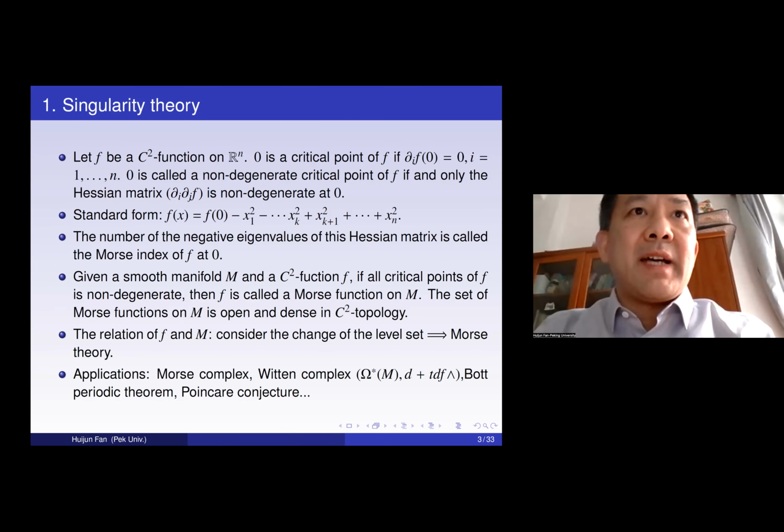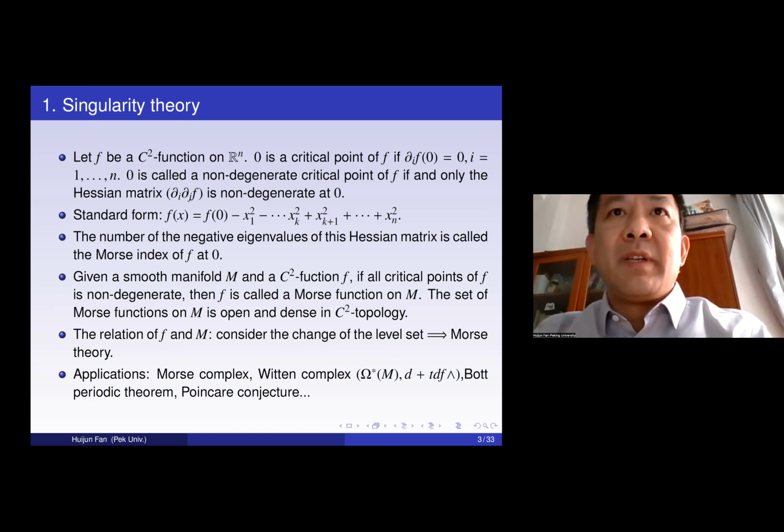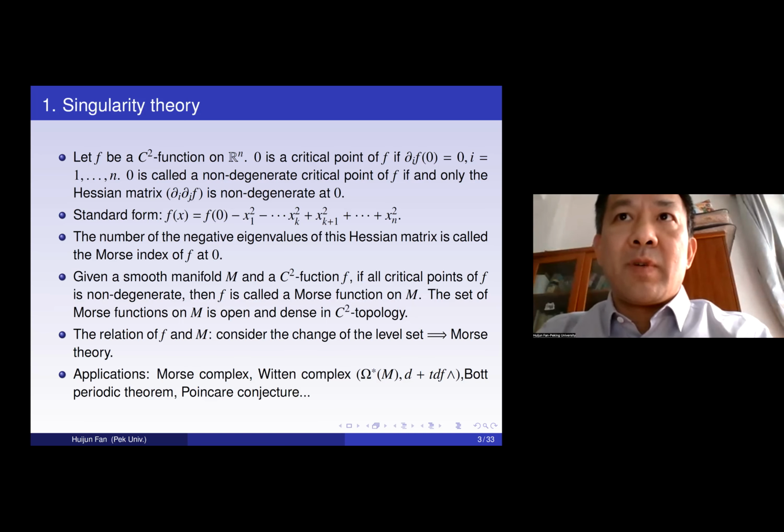For example, let f be a C2 function on R^n. 0 is a critical point of f if all the partial derivatives of f at 0 vanish. 0 is called a non-degenerate critical point of f if and only if the Hessian matrix is non-degenerate at 0. Then after a coordinate transformation, we can express f in standard form.